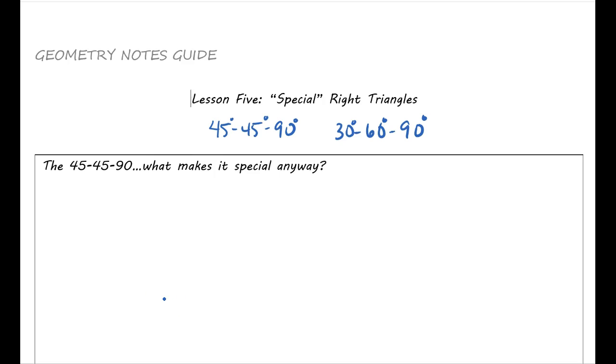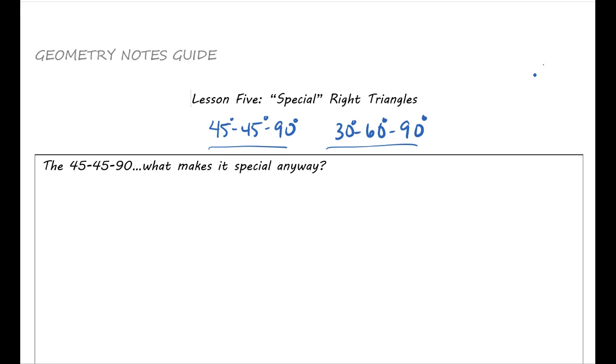So for instance, if I told you, here's a triangle that was 90, but maybe that was 10, and this is 70. There's no relationship between these sides, okay? Even though 70 and 10 are pretty numbers, they don't relate in some magical way, but these two types of triangles do have sides that relate in magical ways.